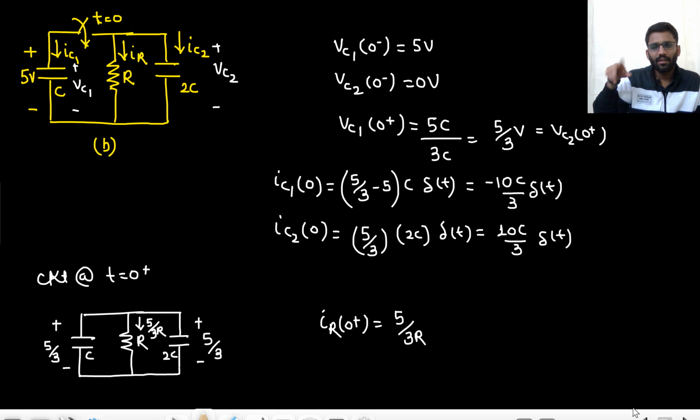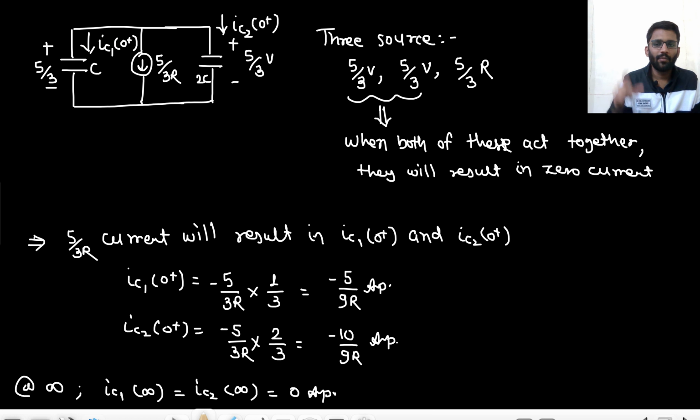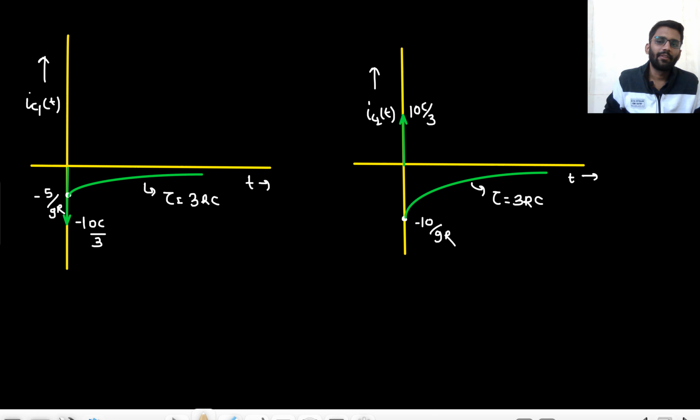There will be two paths for this current, from C and from 2C. In C the current will be 5 by 3R into 1 by 3, so 5 by 9R, but with a negative sign. And for the capacitor 2C, the current would be 5 by 3R into 2 by 3, with a negative sign. Then it will decay down to 0. That's it. It was a very important and very conceptual concept, right?